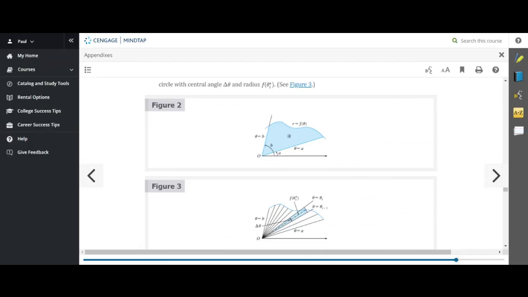You notice in figure 2 that we have a starting angle of theta equals A and an ending angle of theta equals B. So you have a beginning limit and an ending limit.